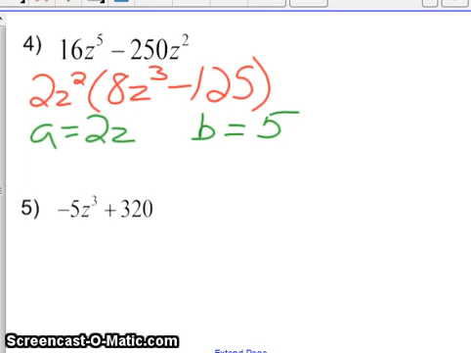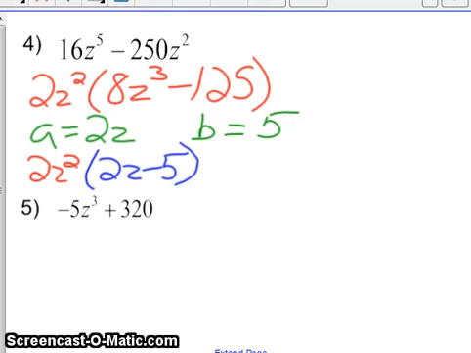B is 5. So I'm going to bring down my 2z squared. And then I'm going to use my formula for the difference of 2 cubes. So a squared is 2z squared. That makes 4z squared. Oh, hold on, I'm messing up. Everybody stop me here. The first parentheses just has a minus b. So this is going to be 2z minus 5.